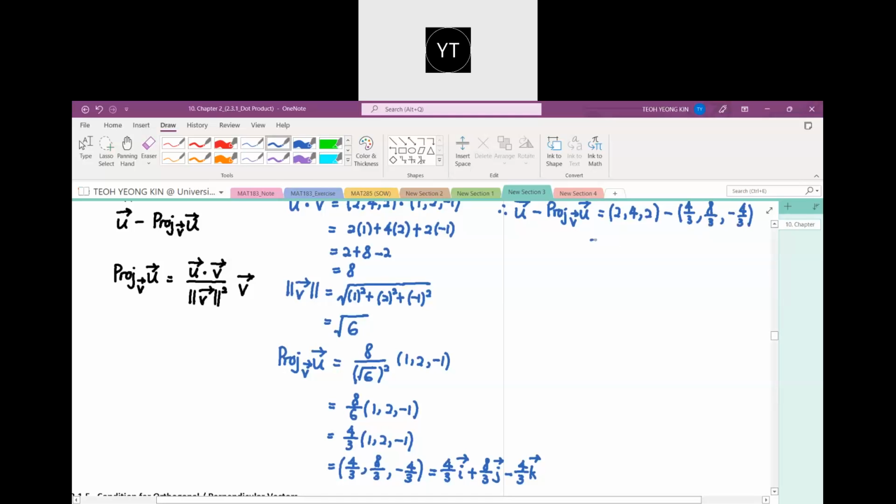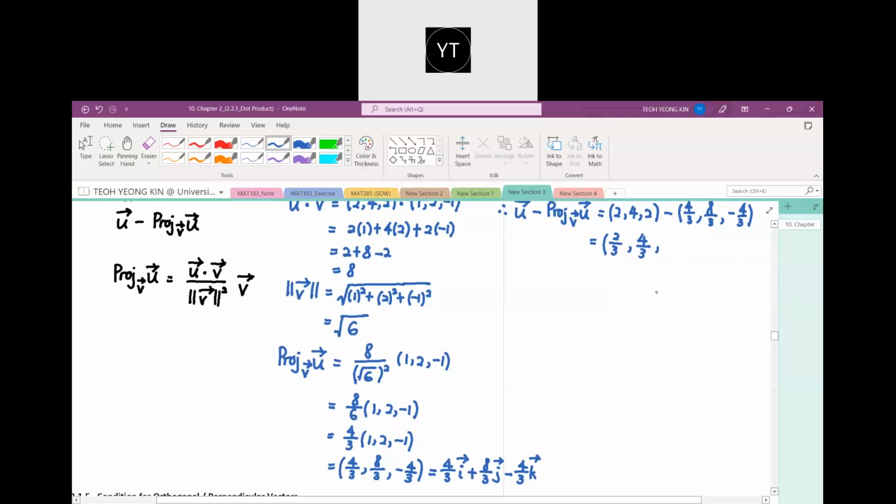So finally we have 2 minus 4 over 3, which will be 2 over 3. And then 4 minus 8 over 3 will be 4 over 3. And finally 2 minus negative 4 over 3.